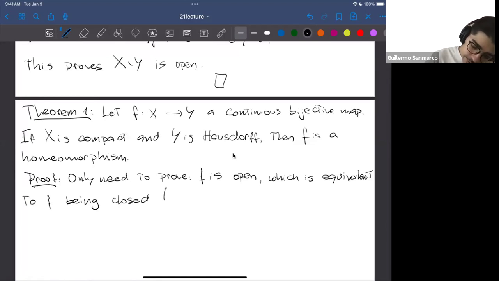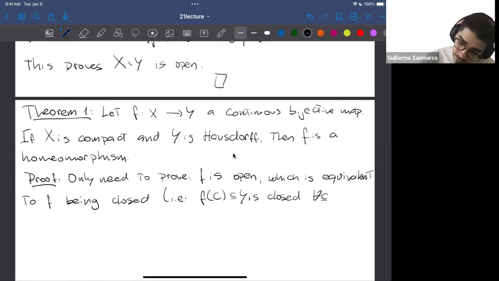So f being closed means f of C inside of Y is closed for every closed C inside of X. So it's enough to prove this. That's going to imply that f inverse is continuous. So now let's take an arbitrary closed set in X. Let's call it C.